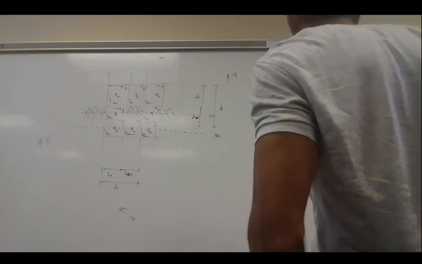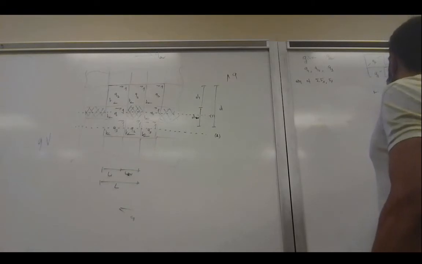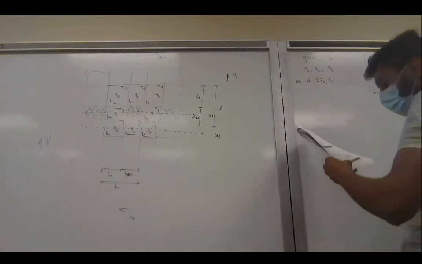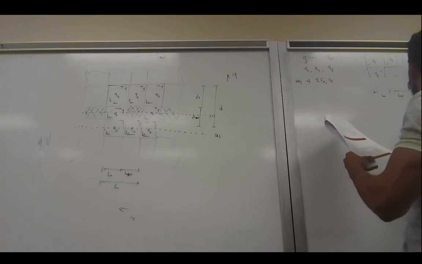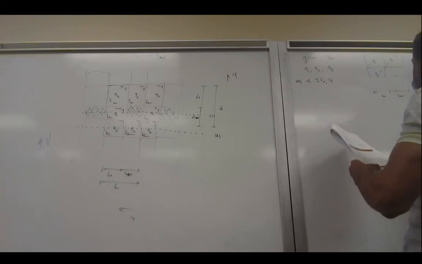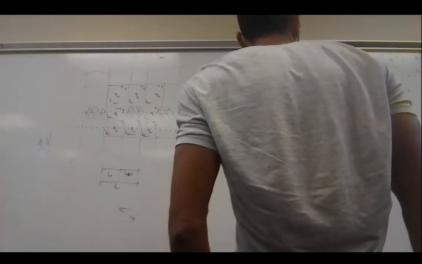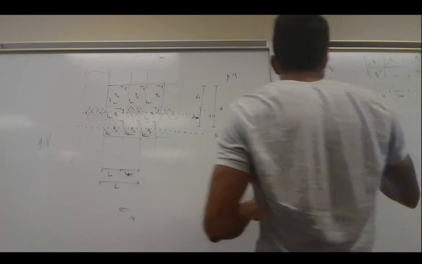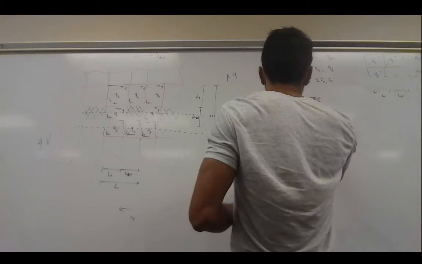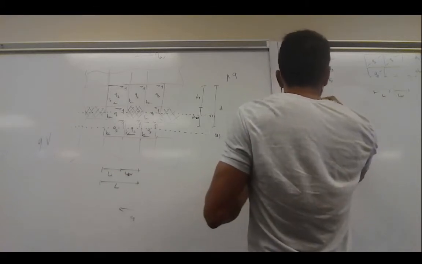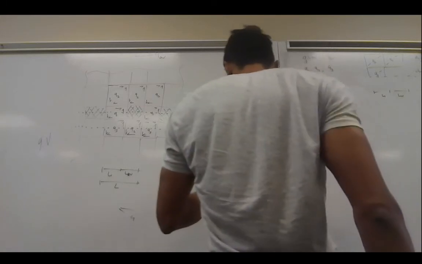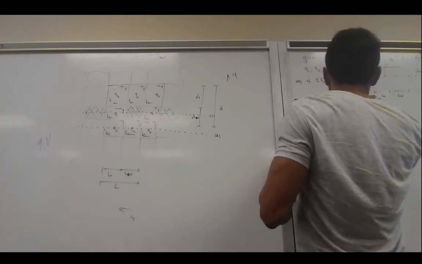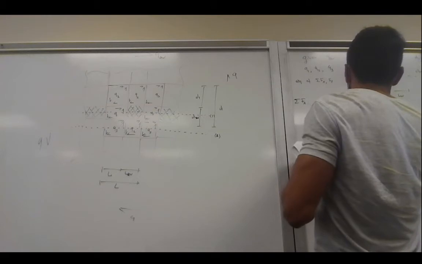So we know that this length was L1, and this is LW, and we know that this is D1, and this is W. So if you take the equilibrium equation in this case, what we'll see is summation of forces in X. What we get is that Q1 times L1 must be equal to Q2 times LW plus Q3 times L1.